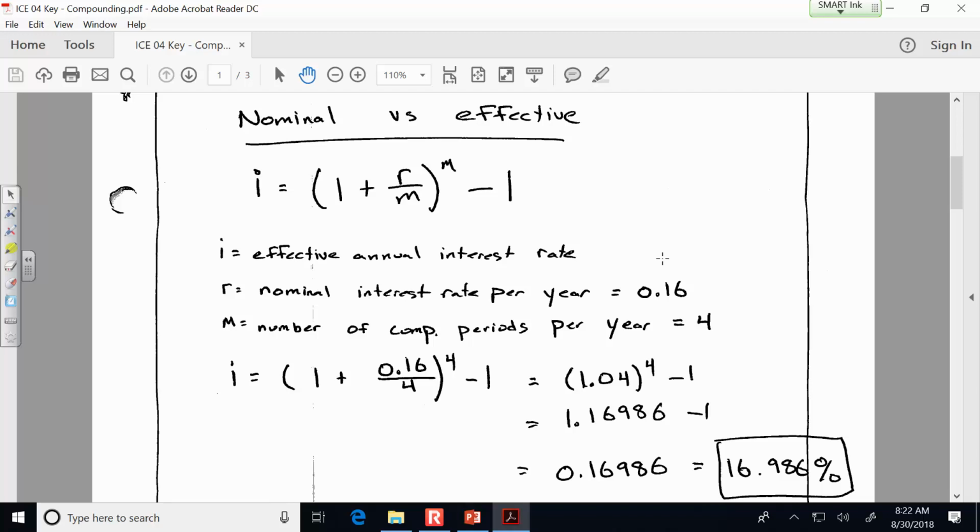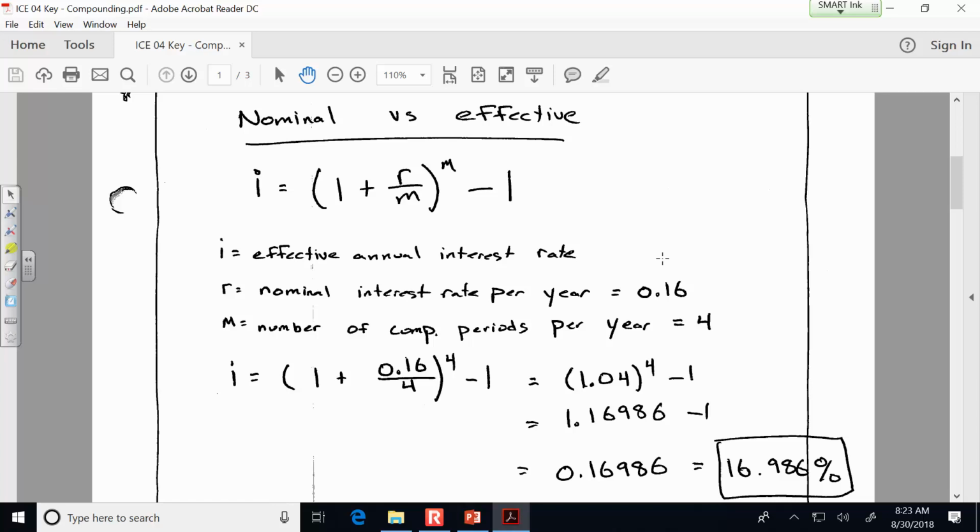So you'll see here we have 1.04, because we've divided the 0.16, the overall nominal annual interest rate, by 4. So 0.04 is the interest per period on a nominal basis. Take it to the 4th power because there are 4 compounding periods in each year.